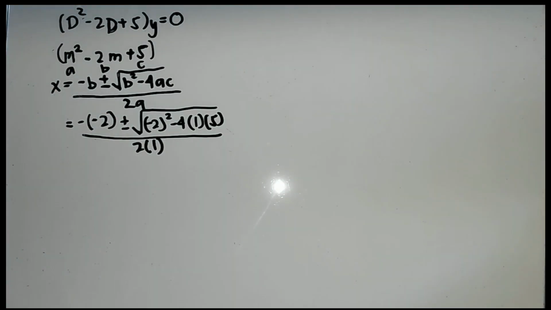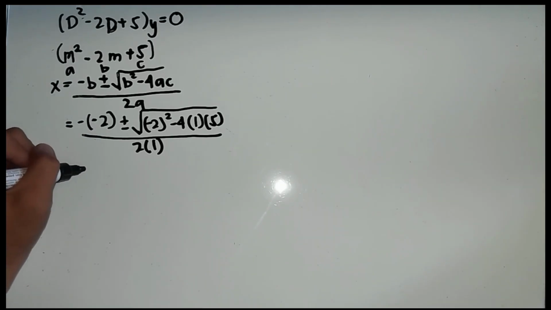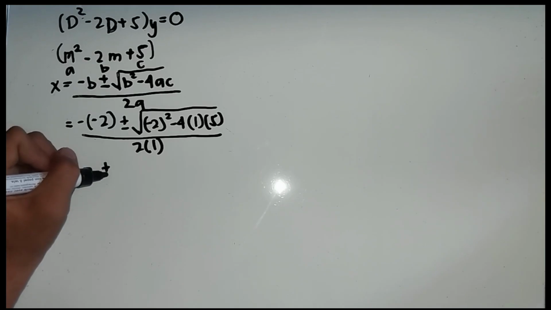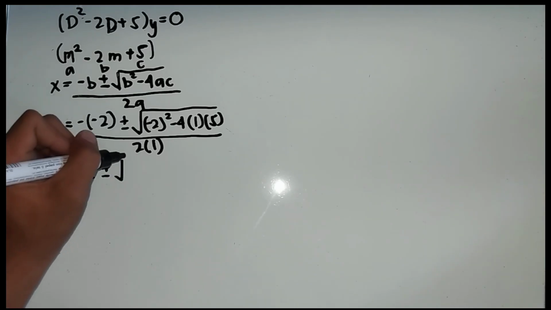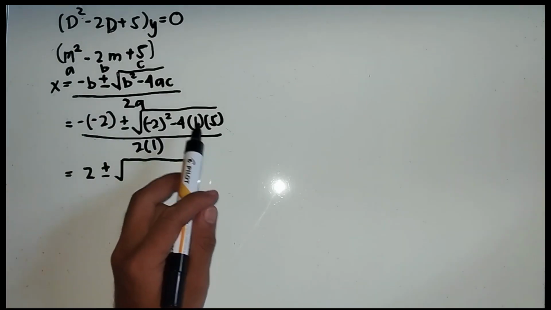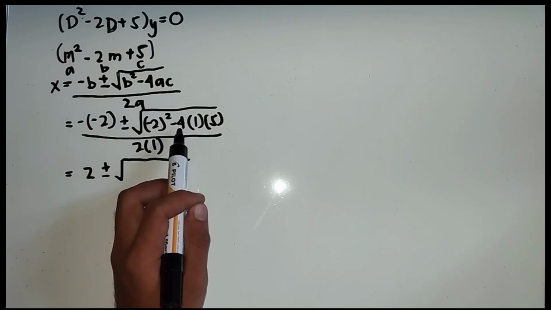Now we're going to solve this equation. Negative times negative 2 becomes 2, plus or minus the square root of negative 2 squared, which is positive 4, minus 4 times 1 times 5, which is 20.